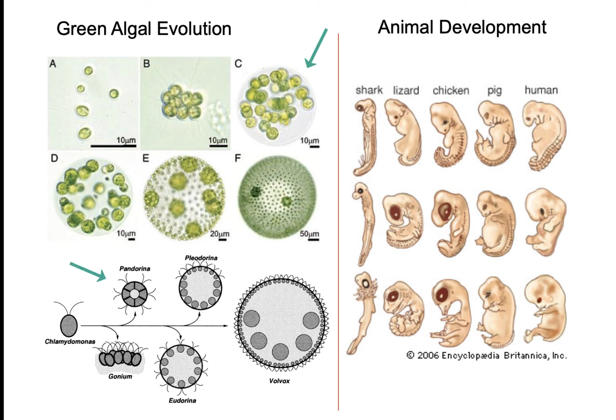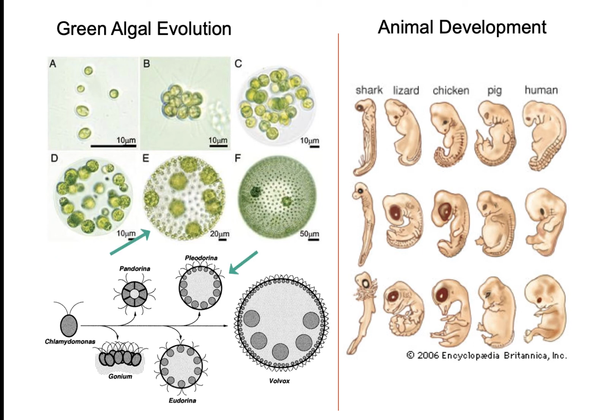And then Pandorina, which forms sort of a tiny little ball that is also motile with all the flagella pointed outwards. Next is Eudorina, which also forms a slightly larger ball and is reactive to, again, sunlight, so they have eye spots that can cause the entire organism to move towards the sunlight.